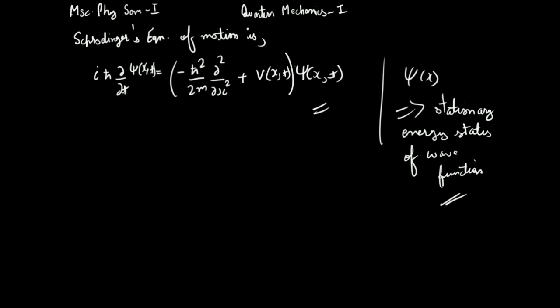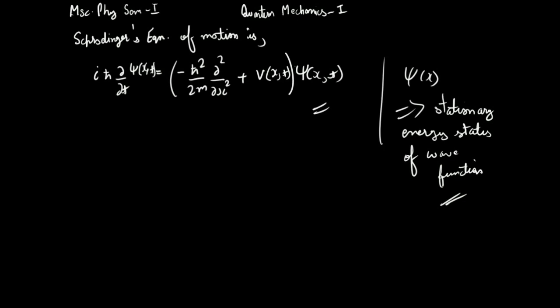Of course it will remain as it is as time goes; it will only depend upon the position, that is on the dimension, the x-axis. So this kind of wave function is used for the stationary, or another word is degenerate states. Not only energy, other properties also. So it represents stationary states.